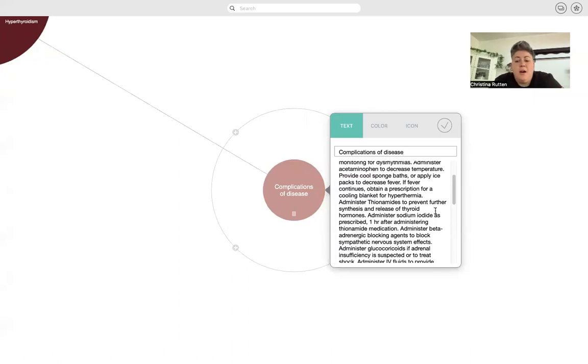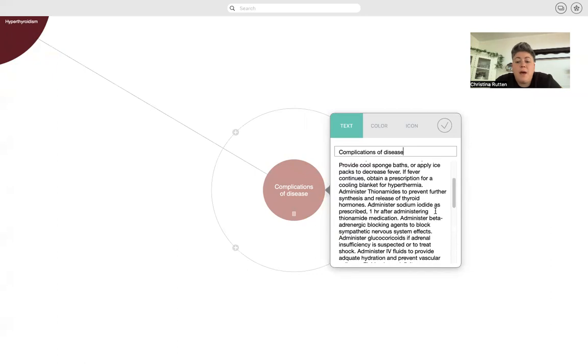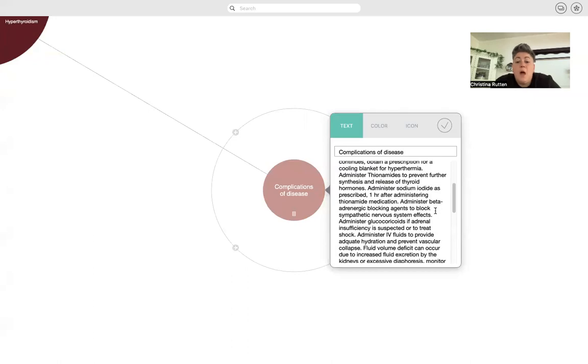Administer thionamides to prevent further synthesis and release of thyroid hormones. Administer sodium iodide as prescribed. One hour after administering thionamide medication, administer beta-adrenergic blocking agents such as propranolol to block sympathetic nervous system effects.